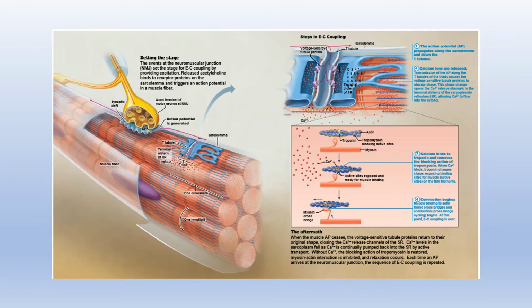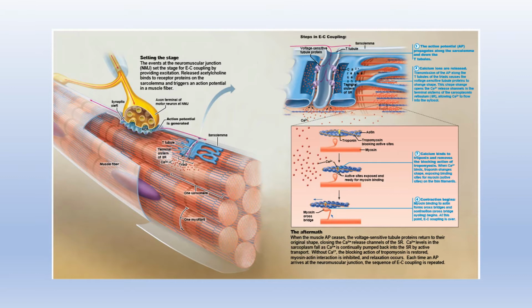Once acetylcholine binds, we see the opening of sodium channels. Sodium flows into the muscle fiber, driving its value towards threshold. Once we reach threshold, we are able to continue to generate and spread out that action potential. Now follow the pink arrow.